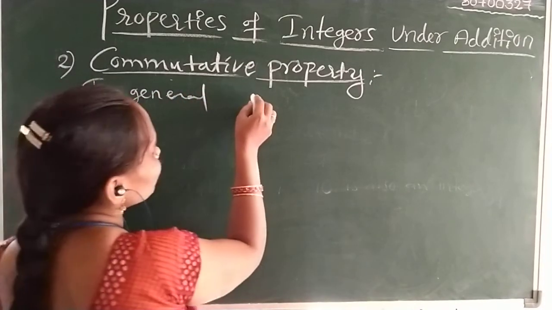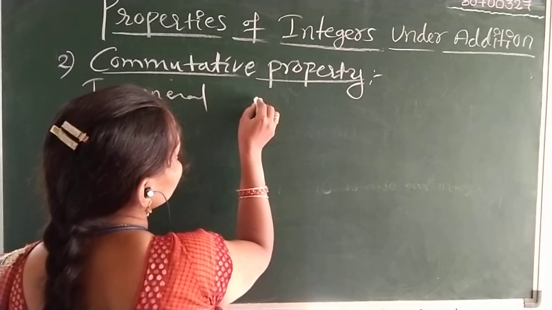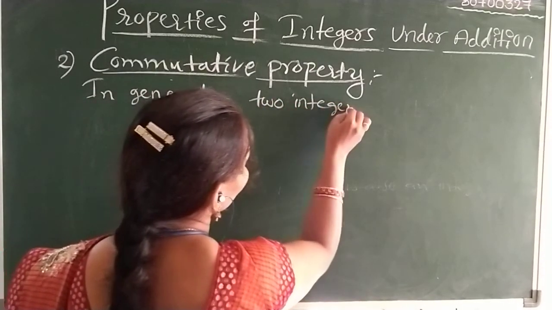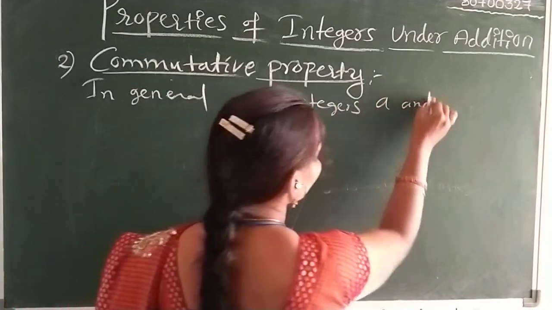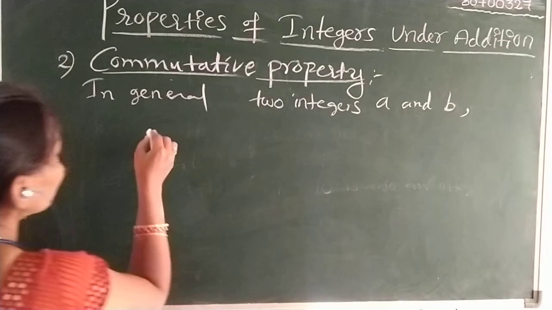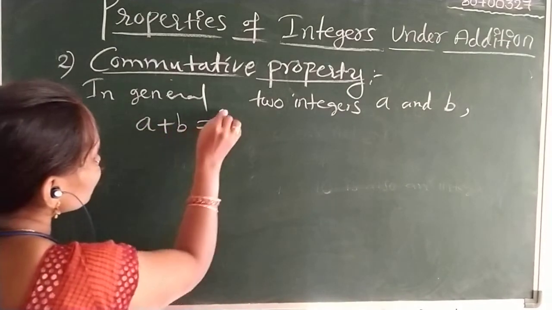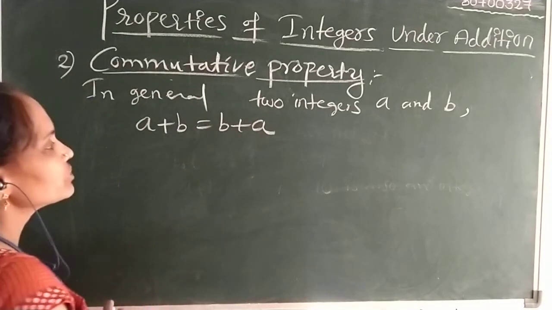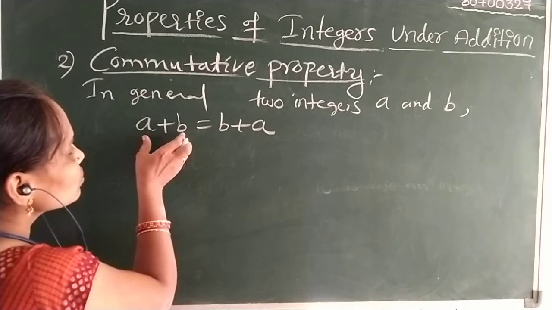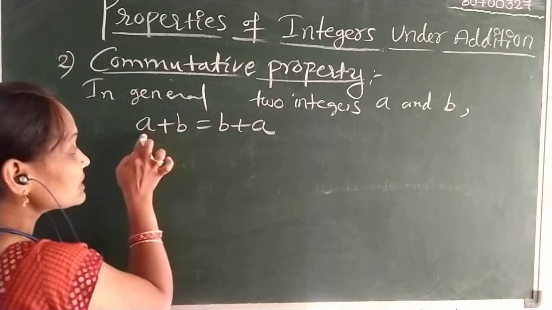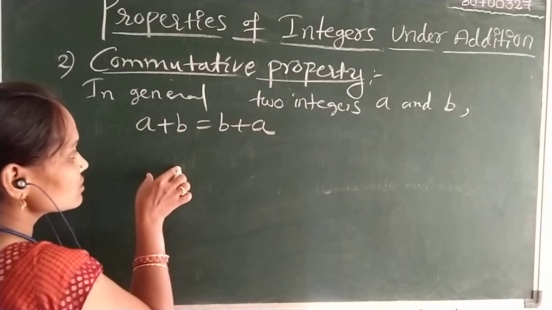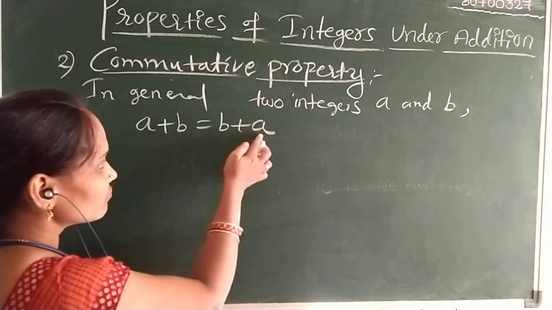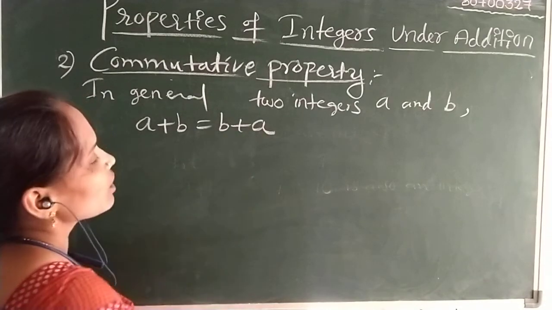In general, if you take any two integers a and b, then a plus b is equal to b plus a. This is commutative property. Even if you change the order of the numbers, you will get the same answer.